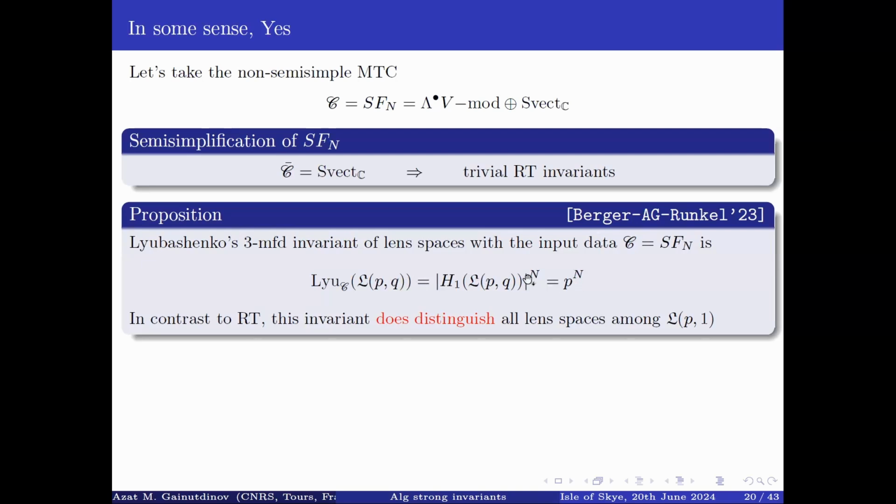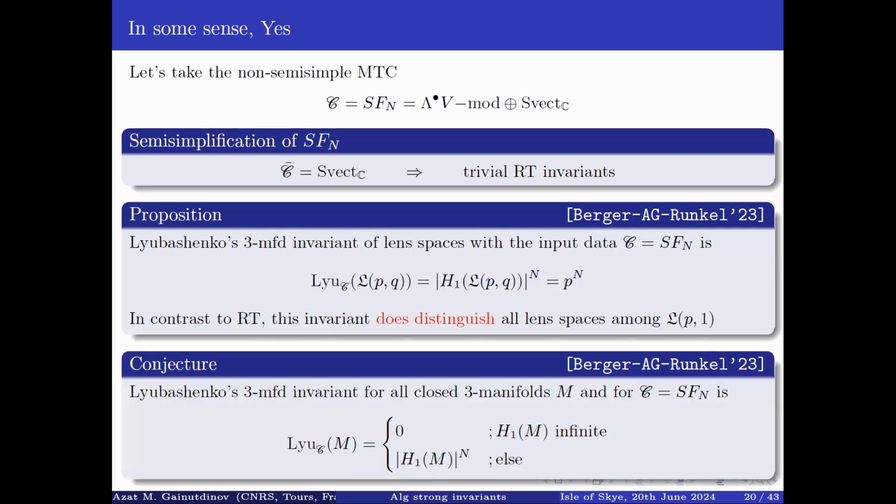It's p to the n. So the invariant is just the nth power of the order of the first homology group of the lens space. This is in contrast to the Reshetikhin-Turaev invariant in general, because at least it does distinguish all lens spaces among L(p,1). Also, we have a conjecture that the Lyubashenko three-manifold invariant for all closed three-manifolds, in the case of symplectic fermions, is just the nth power of the order of the first homology group of the three-manifold if it's finite. Otherwise, it's zero.